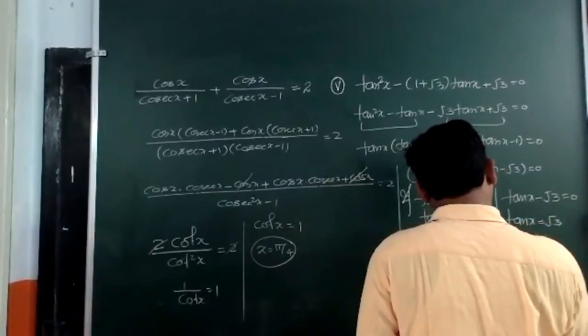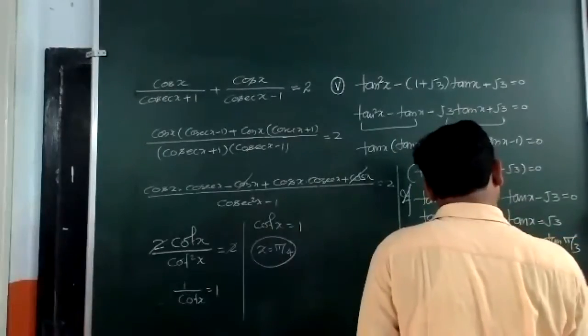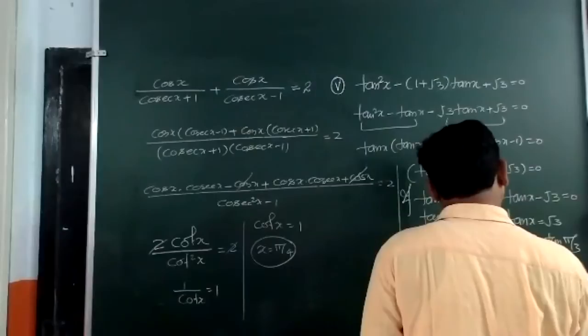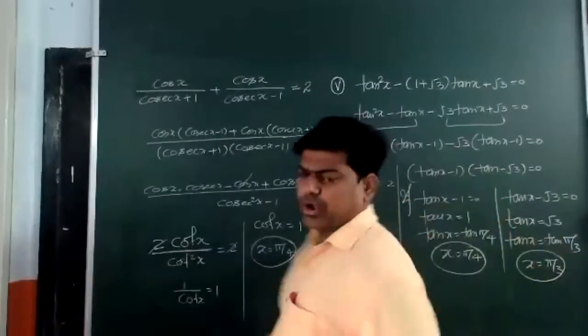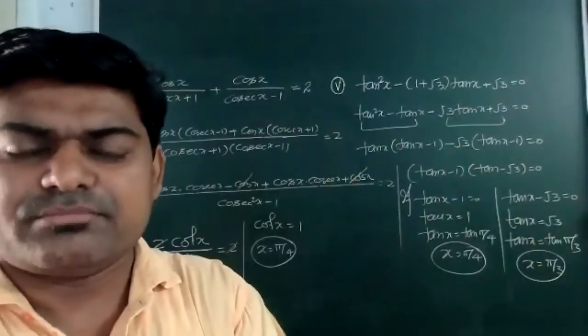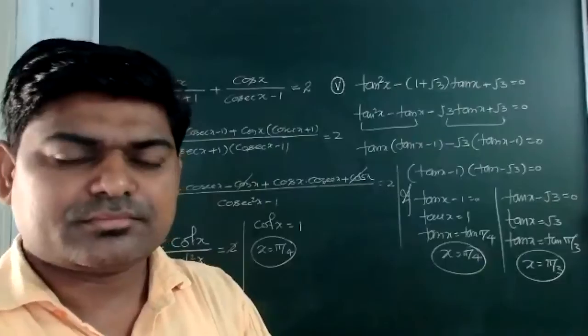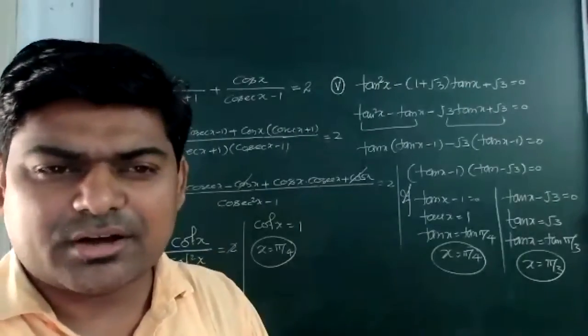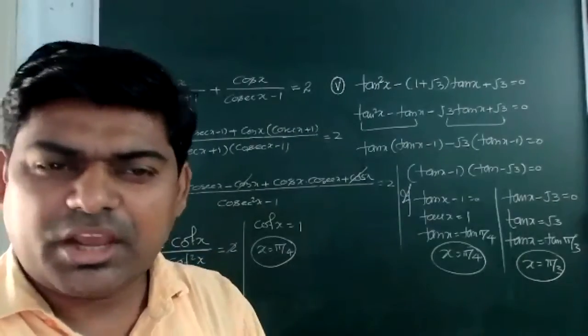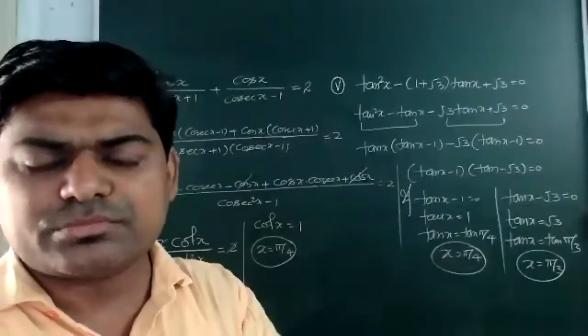This is tan pi by 3, so definitely x is equal to pi by 3. Both values of x are in the first quadrant, which means more than 0 and less than pi by 2. Got it or not? Anyone have any other problem in any other part of question number 20?